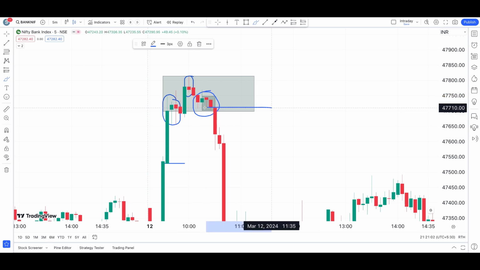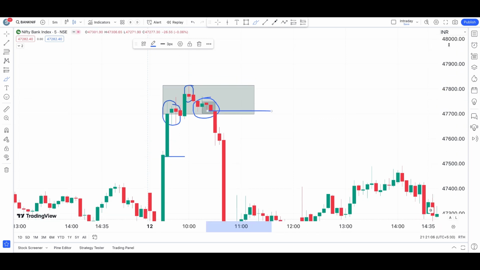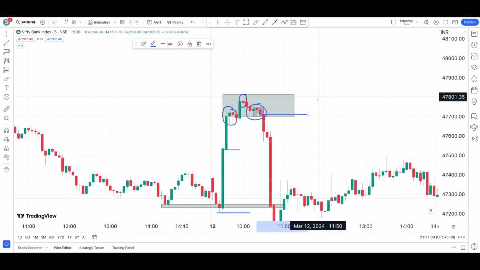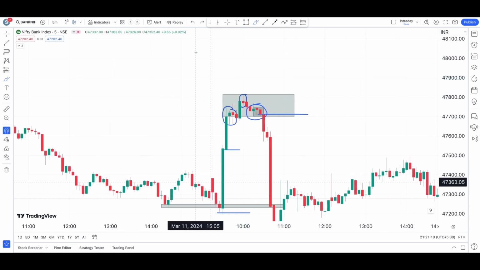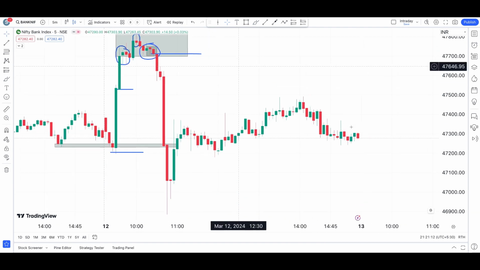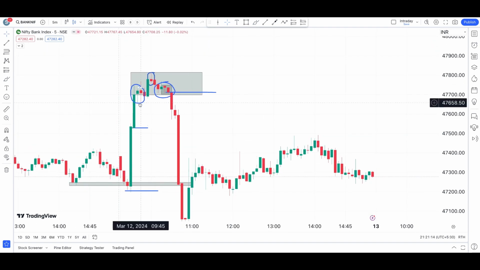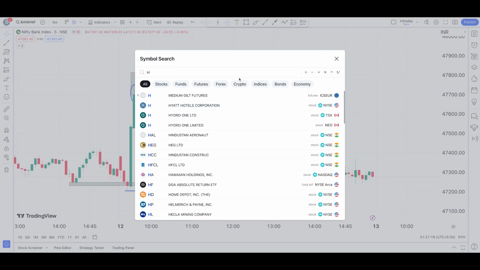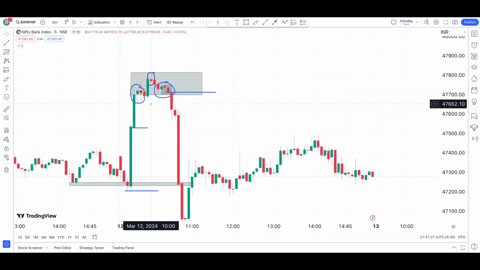So here, if one has taken an entry, then the target really becomes a question, because of that line. Now why that's a question mark is, your immediate target is these lows, these two lows, because from there you have seen an initial reaction on the way down.